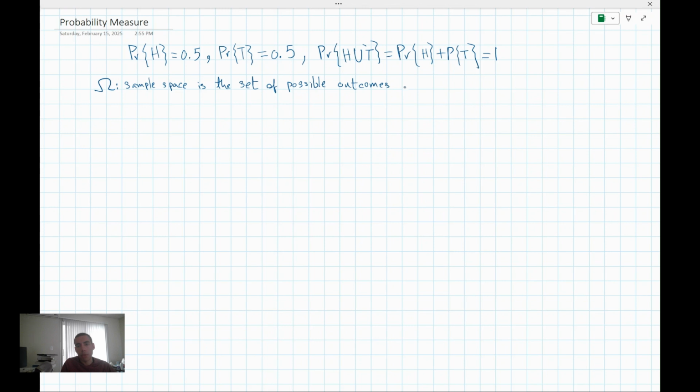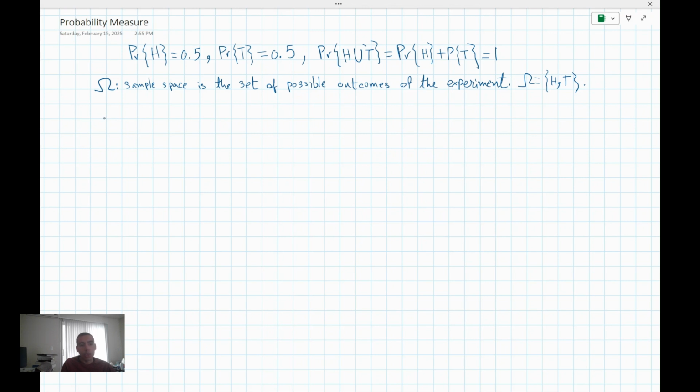So in the case of a coin toss, omega is what? In the coin toss, we have two possible outcomes, either heads or tails. So omega is a set consisting of two elements, the element heads and the element tails.